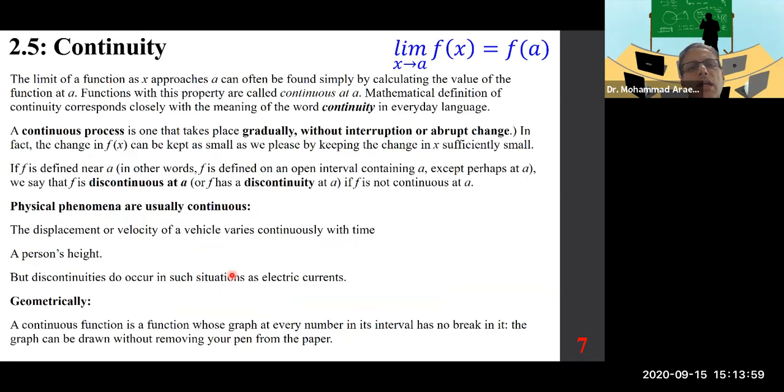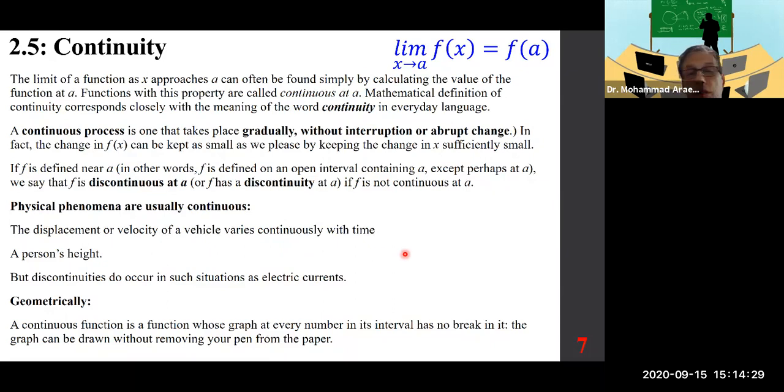A continuous process is one that takes place gradually without interruption or abrupt change, okay? And the physical phenomena are usually continuous, okay? You can read this page on your own. The displacement or velocity of a vehicle varies continuously with time, okay, or a person's height, okay?